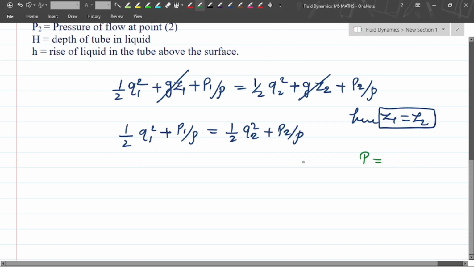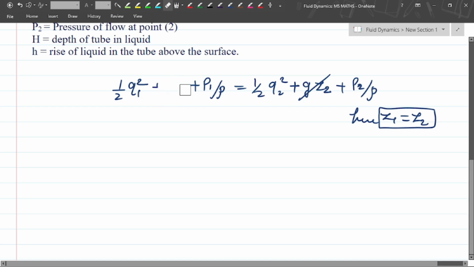First of all, do one thing. Because of the gravitational force we need the gravity, so we will write it as gz1 plus gz2.